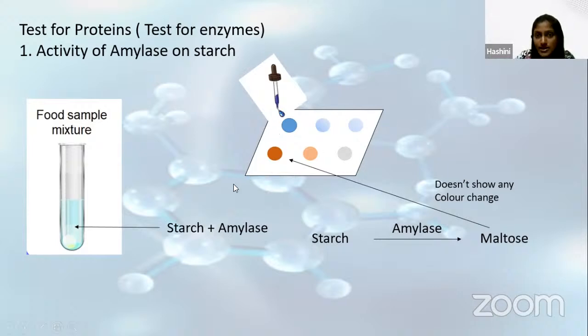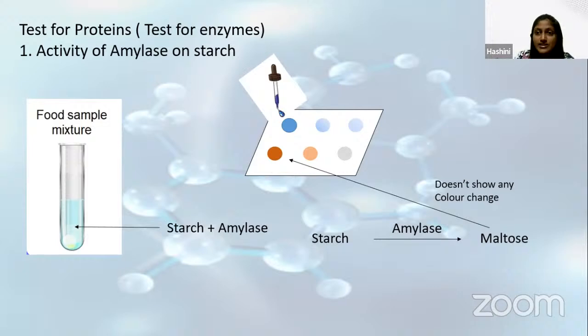then we can take some drops from this solution, and we take a porcelain tile, and we take some drops onto this porcelain tile. Then we add some, what is this reagent? It is iodine, right? What happened when the iodine is present? Previously we discussed, when we add iodine to starch, what is the color reaction?